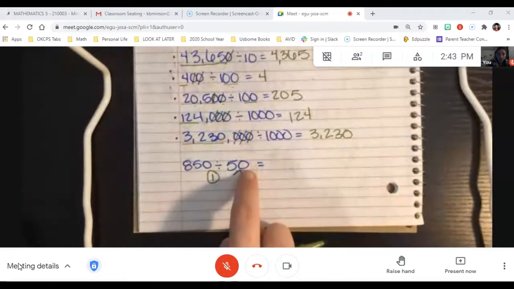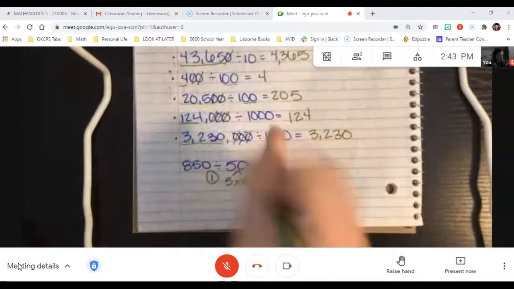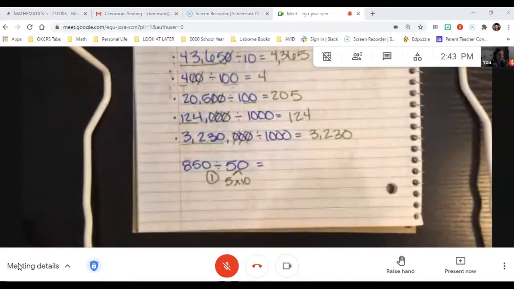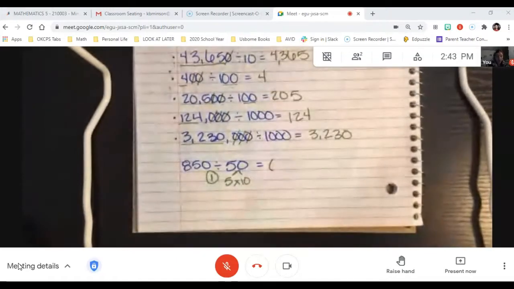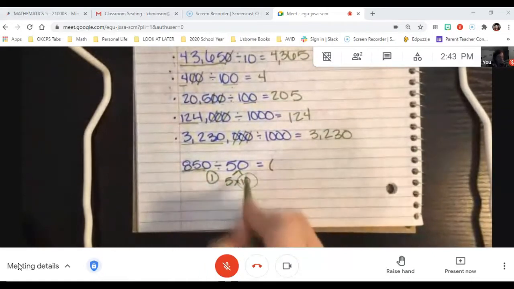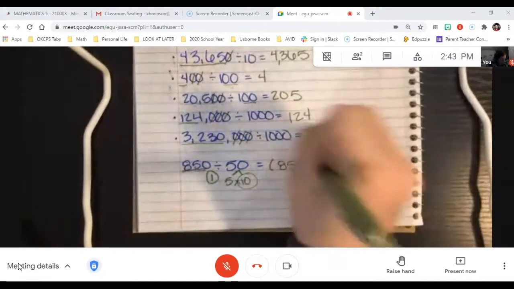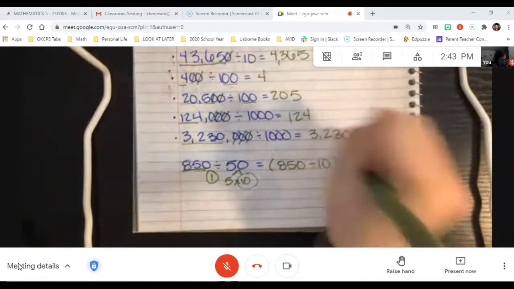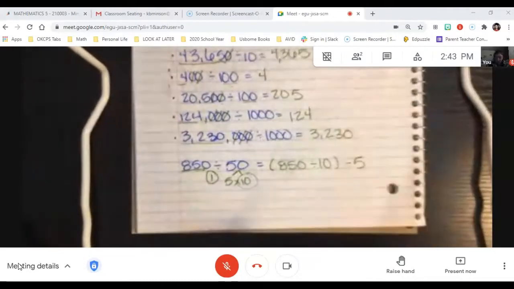Since this is 1 zero, it's going to break apart into tens. So 5 times 10 gives me 50. Then I put it in the equation. Here's what's different than the multiplication: in the parentheses, you're now going to have this number and the 10, 100, or 1,000. So 850 divided by 10. And don't forget this number here will go outside the parentheses.